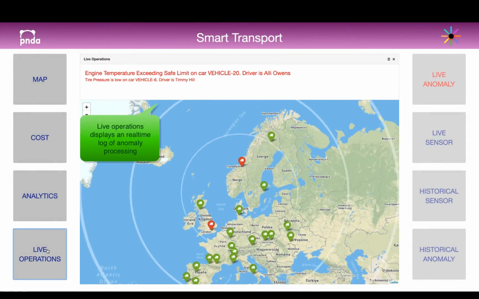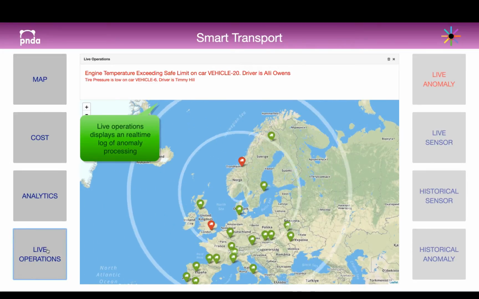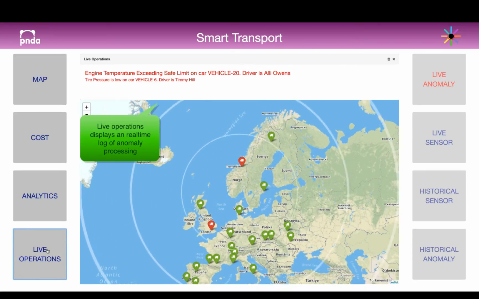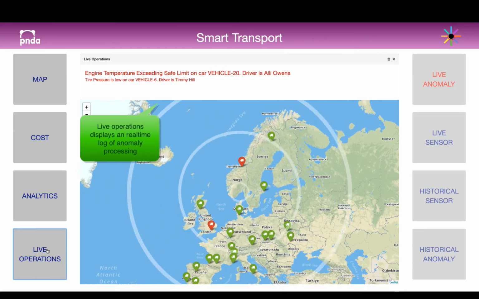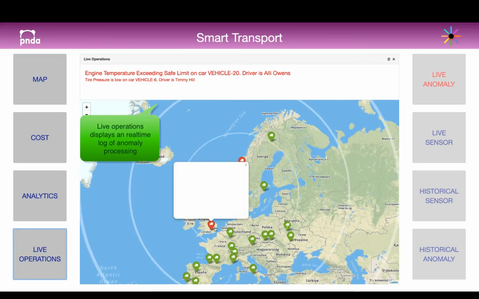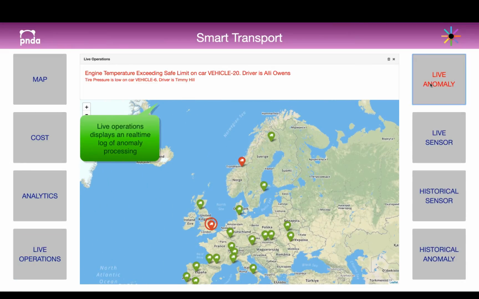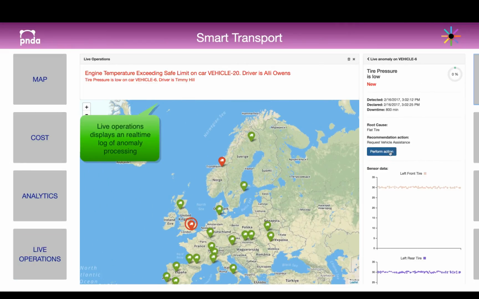Here's a nice function. It gives you a scrolling or running log of the handling of anomalies by Smart Transport. So rather than clicking on a specific vehicle and the live anomaly button, we can just turn this on.